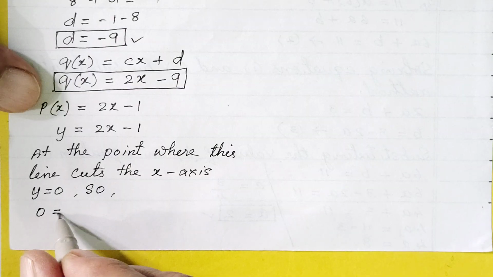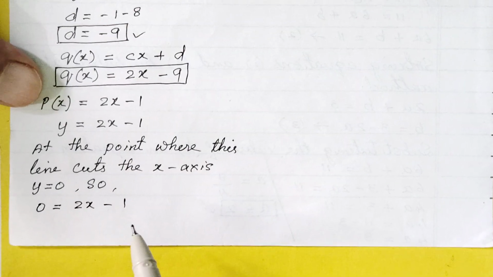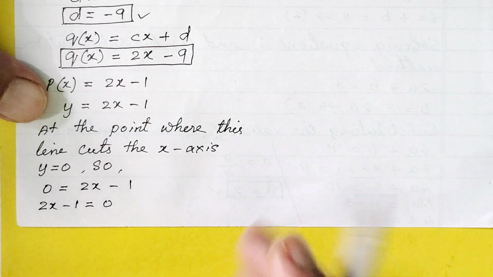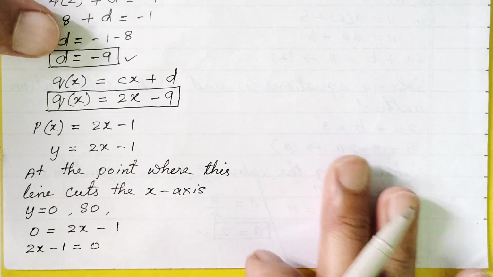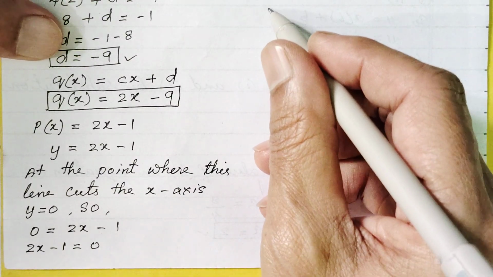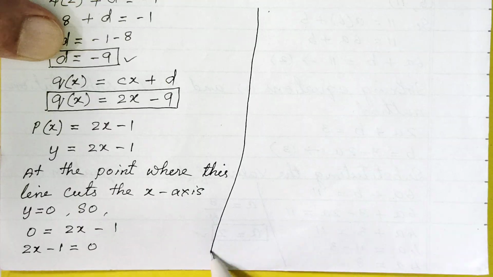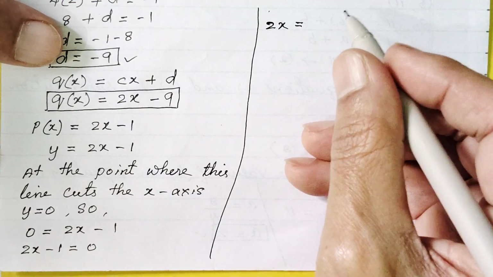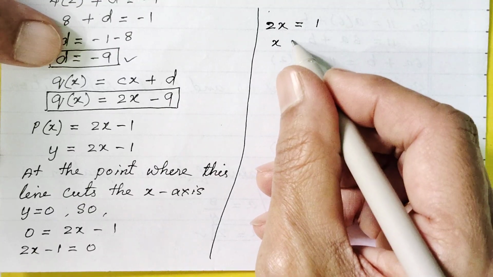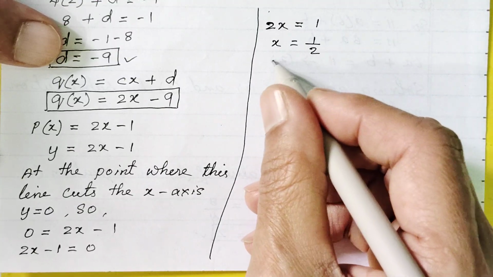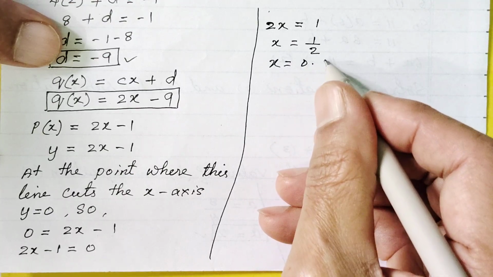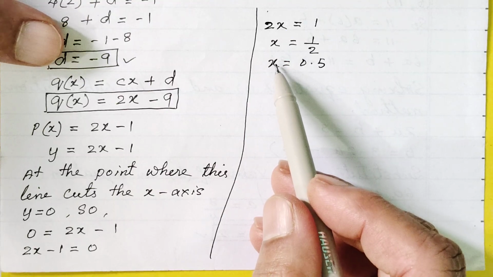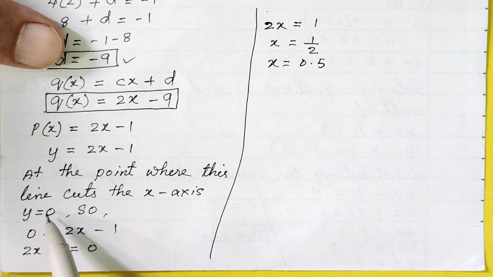So 0 will be equal to 2x minus 1, or 2x minus 1 is equal to 0. So 2x will be equal to 1. So x will be equal to 1 by 2. So x is equal to 0.5. So we got the x coordinate, and the y coordinate is 0.